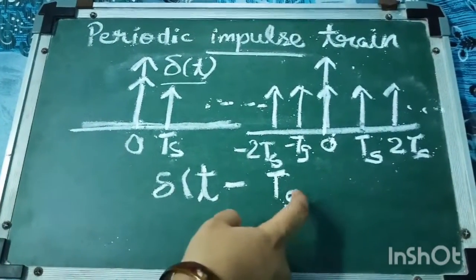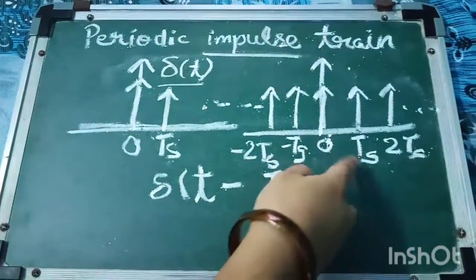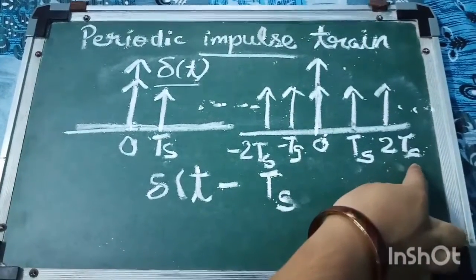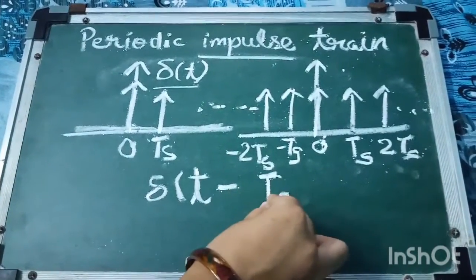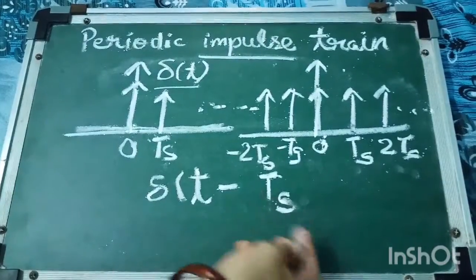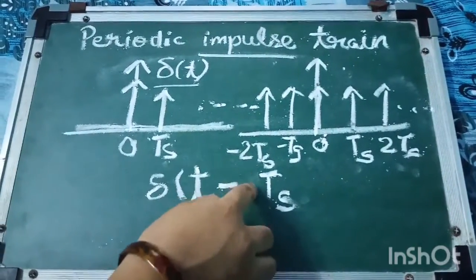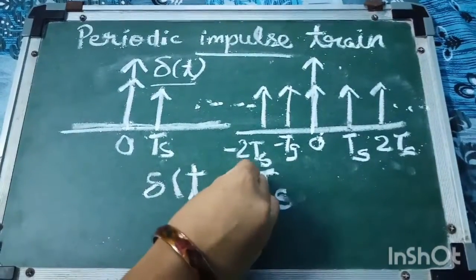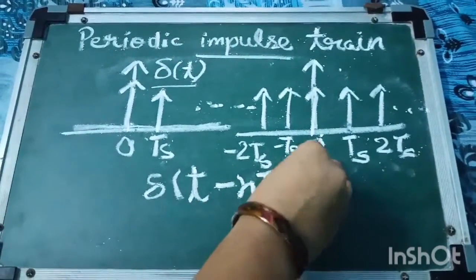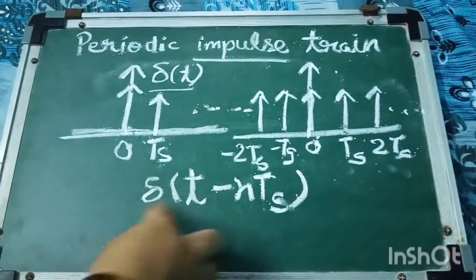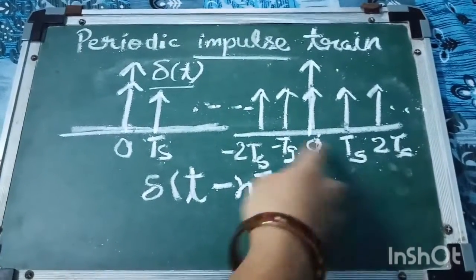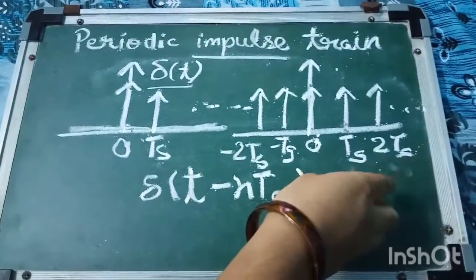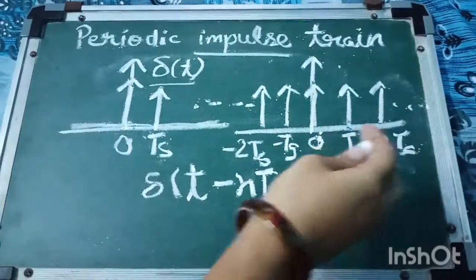And the same thing I can do to get 2Ts by writing 2 over here. So we can see that by changing the number over here, we can get the whole impulse train. So I'll write the index n here. And then if I do the summation of all those signals, then I'll get the impulse train.